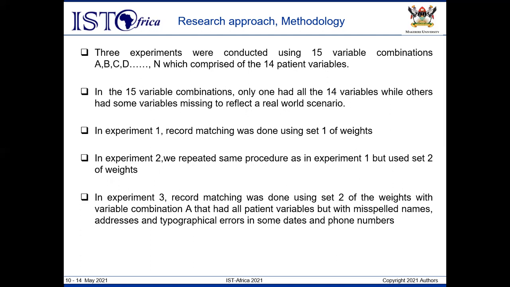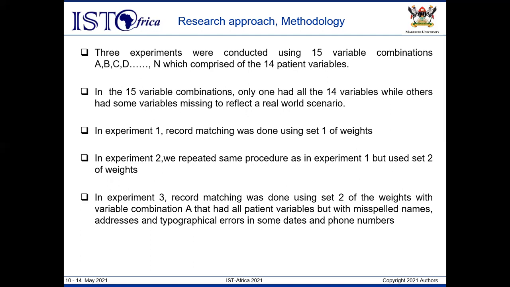In experiment 1, we did record matching using set 1 of the weight, and in experiment 2, we repeated the same procedure as experiment 1, but this time we used set 2 of the weight.